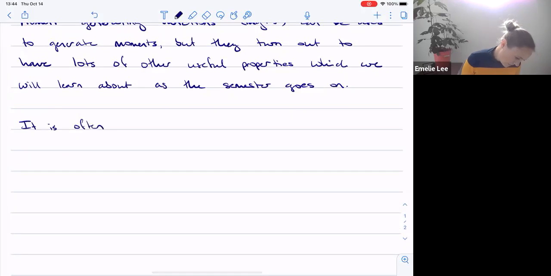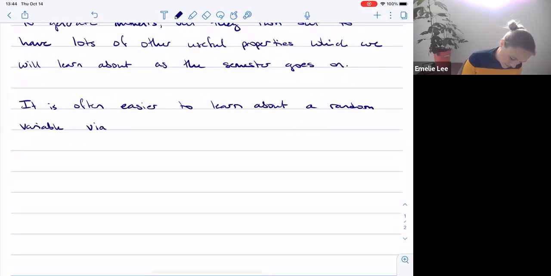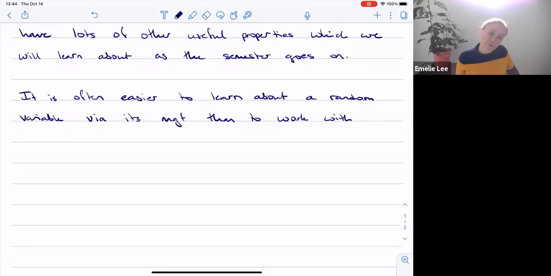Okay, so it is often easier to learn about a random variable via its MGF than to work with the PDF, PMF, or CDF directly.